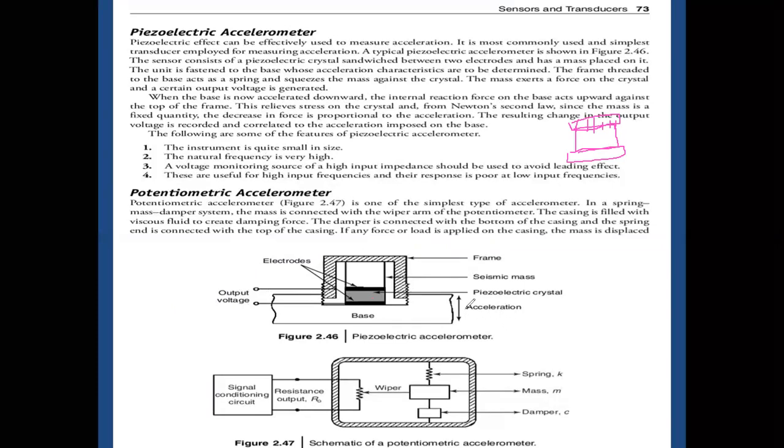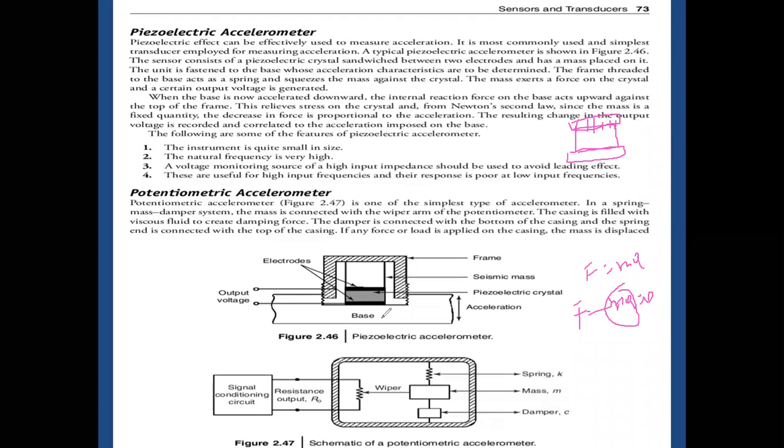Whenever F equals ma, for every action there is an equal and opposite reaction, and the opposite reaction we can call the inertia force. So it is F minus ma equals 0.